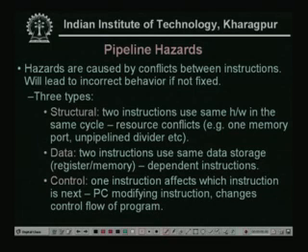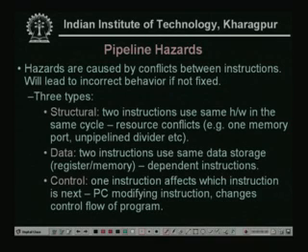Now, data hazard. Two instructions use the same data storage, register or memory. The data is stored either in a register or in memory, and two different instructions are in process, which is the concept of pipeline. So, the operations are such that both instructions use the same data storage, then it is a data hazard.